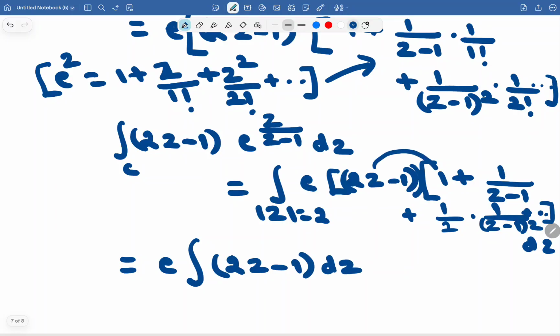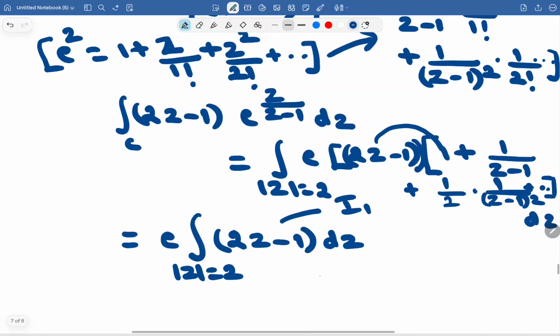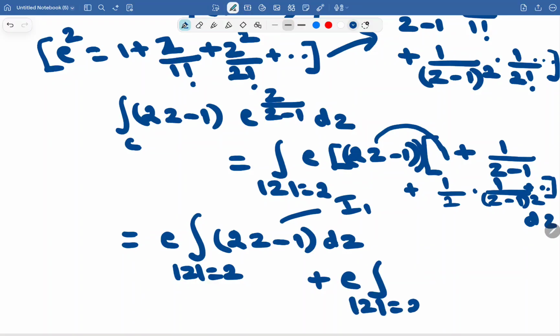Multiplication of (2z minus 1) with 1 into dz over C, that is, mod z equal to 2. This is I1, plus e integral mod z equal to 2 of (2z minus 1) by (z minus 1) into dz.